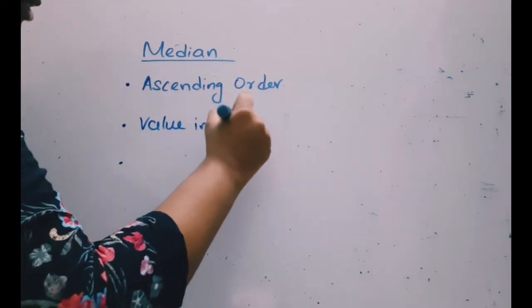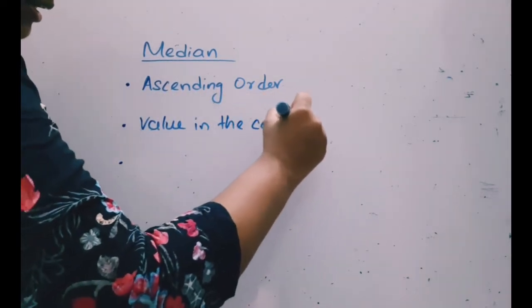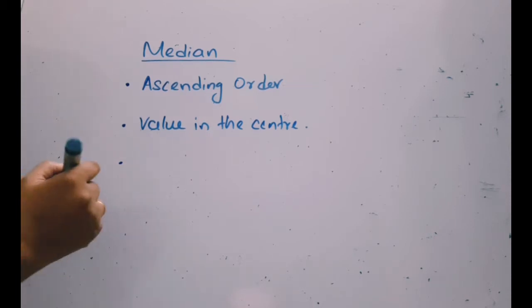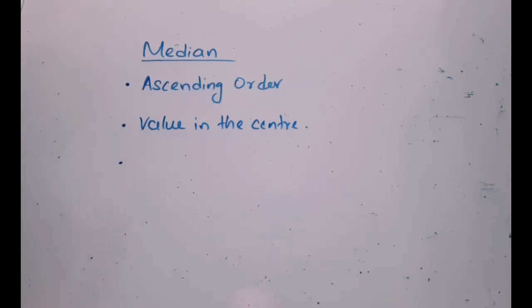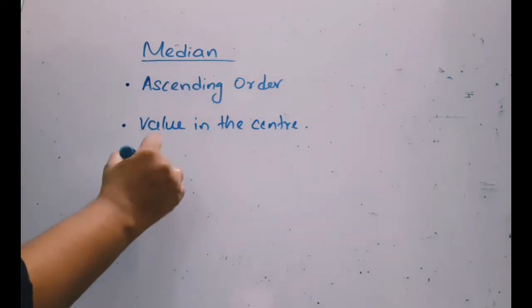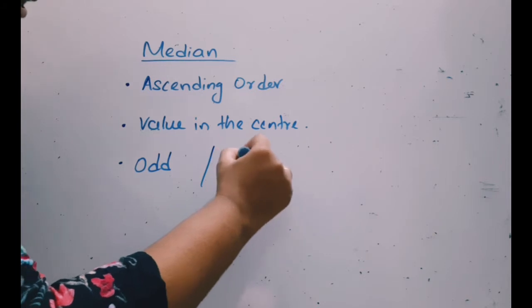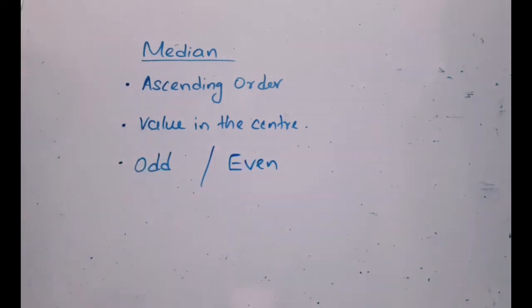So after arranging the data in ascending order, you need to find the value in the center. Another thing is the number of values in the data. If they are an odd number, you have to follow one method. If it is an even number, you have to follow another method. So these are the three important things you need to consider before you find the median.